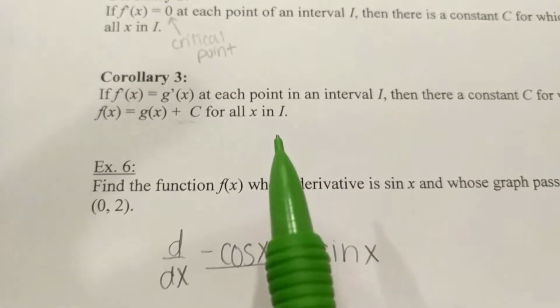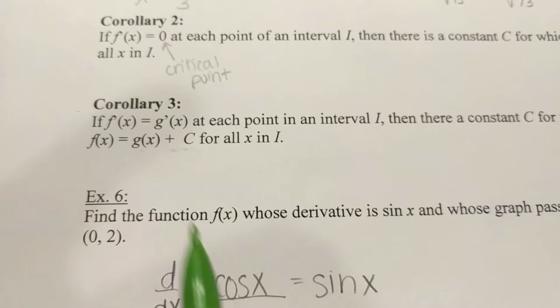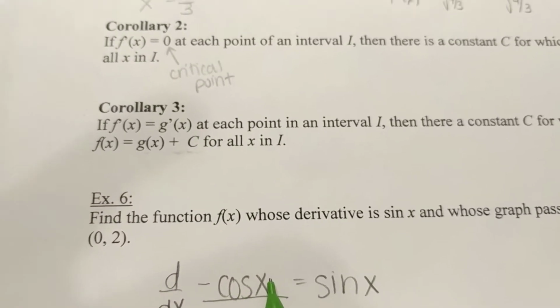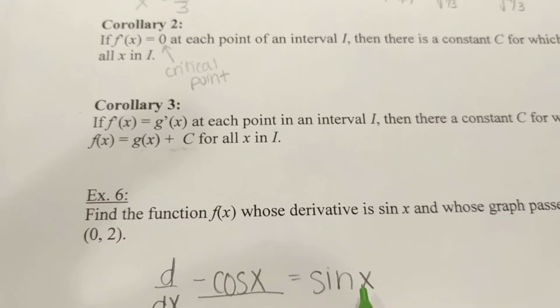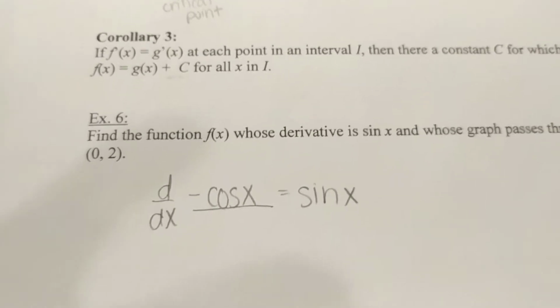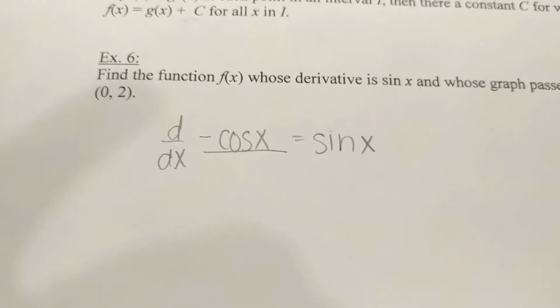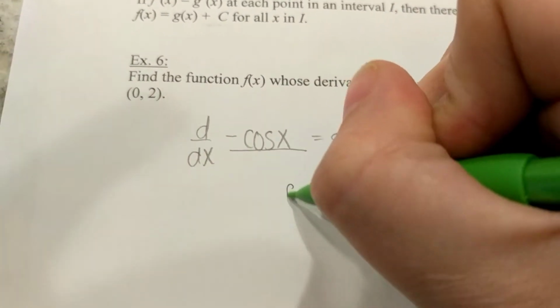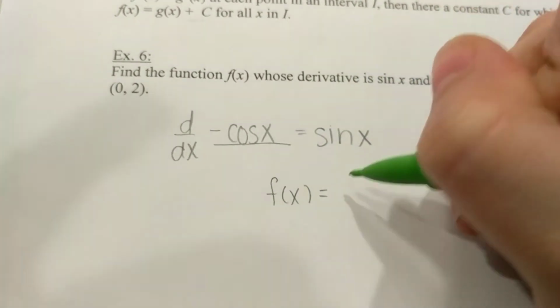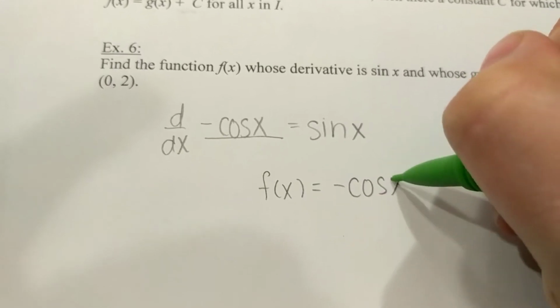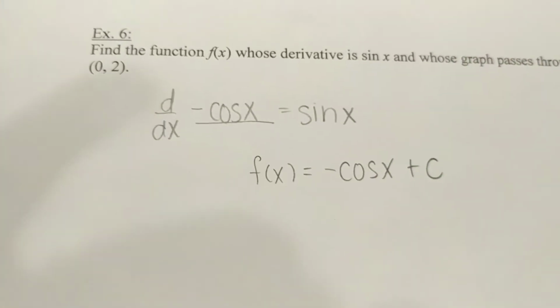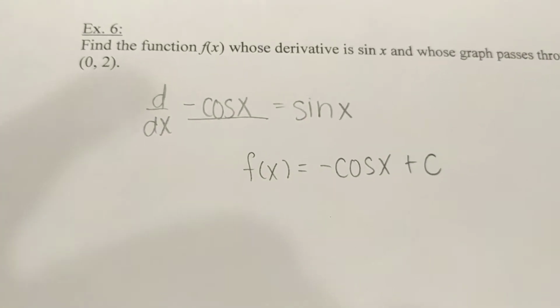But according to this corollary up here, I could have negative cosine of x plus any number and still get this as the derivative. So we don't know if there's actually a vertical shift in this one or not. So the way we have to write it is we have to say that f of x is negative cosine of x plus some constant c.